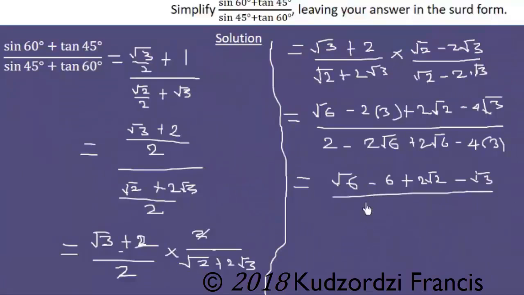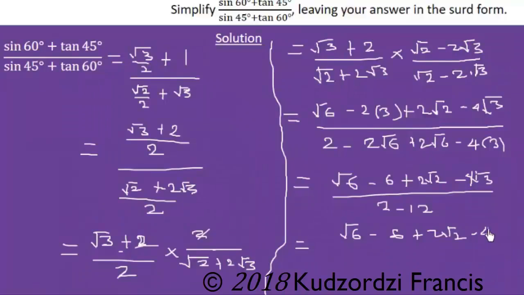All over 2 minus 12. So this and this will give us 0. So we simplify further to obtain root 6 minus 6 plus 2 root 2 minus, there's a 4 here, minus 4 root 3.